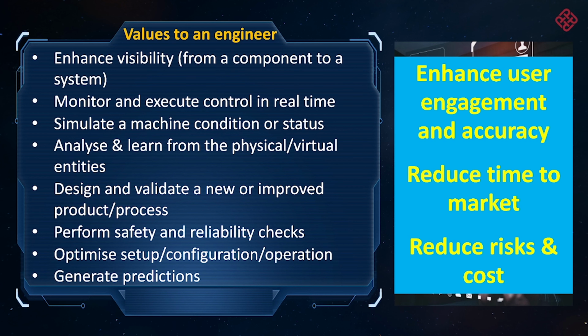Secondly, with good use of digital twins, it should help to reduce costs and enhance productivity, which means it takes less time to bring something from the design phase to the market, reducing time to market, in other words. And thirdly, associated with the second point, if all goes well, we should also expect to get more mileage for our dollar. So in other words, reduce risk and also cost.